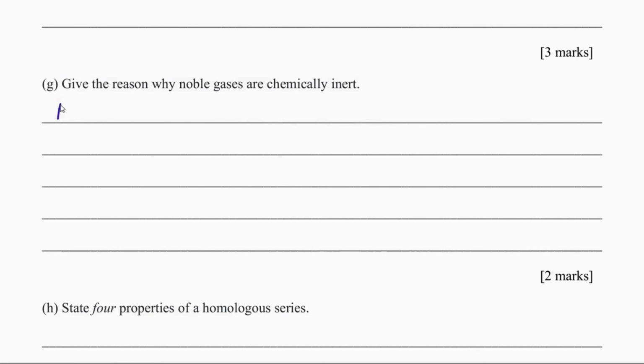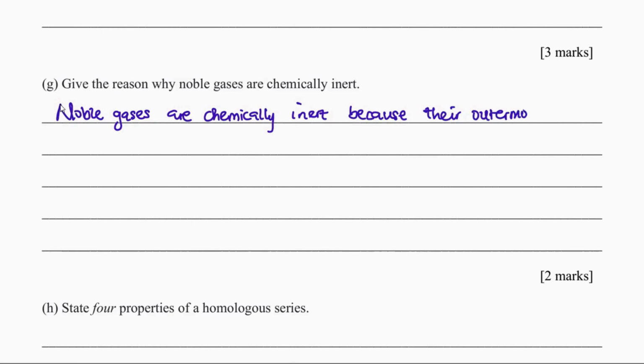So what we can write here is noble gases are chemically inert because their outermost electron shells are completely filled.